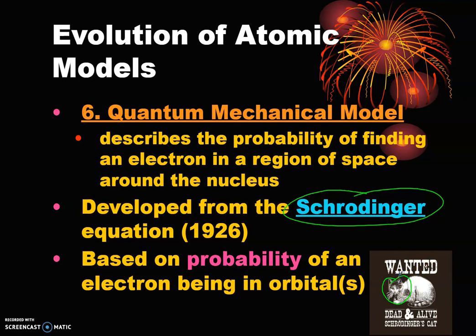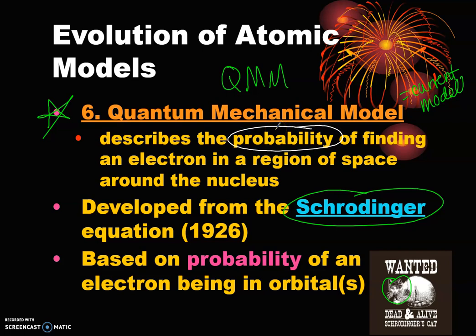That is the scientist that is accredited with the current model of the atom, the quantum mechanical model. So this is the current model. You'll see me abbreviate it QMM. And what we're looking at here is the probability of finding an electron in a region of space.